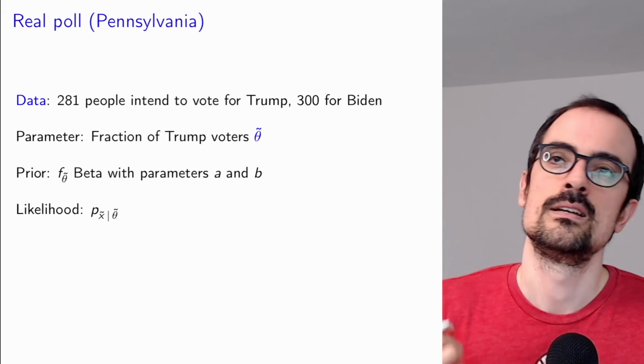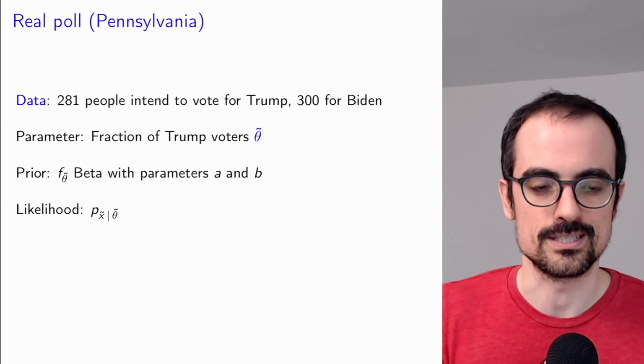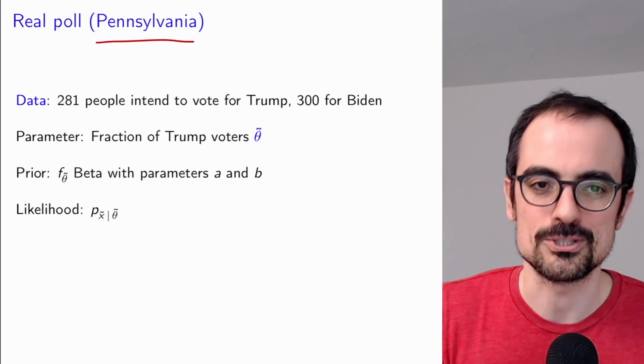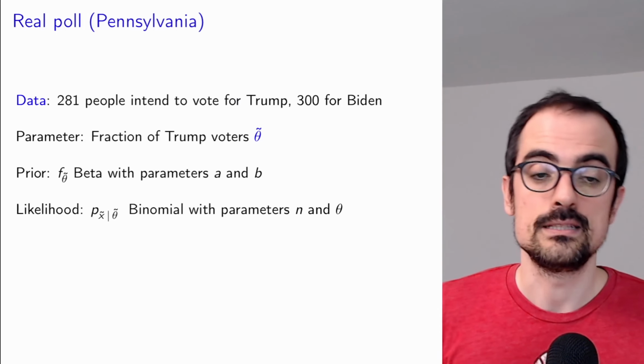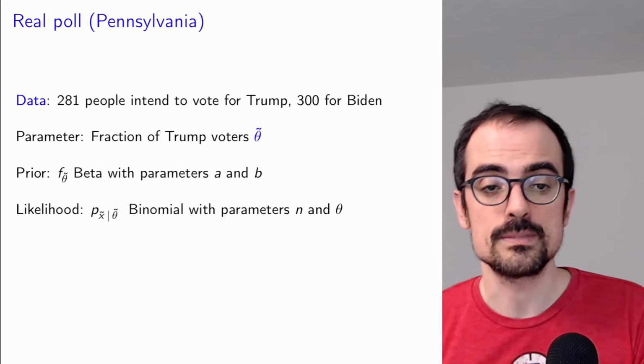which imply that we are actually selecting people randomly from all of Pennsylvania, in this case, because the poll happened in Pennsylvania, which is an idealized assumption that usually needs to be corrected for. Under that assumption, the likelihood of the data given our parameter is just a binomial.